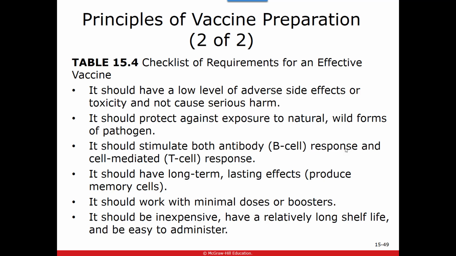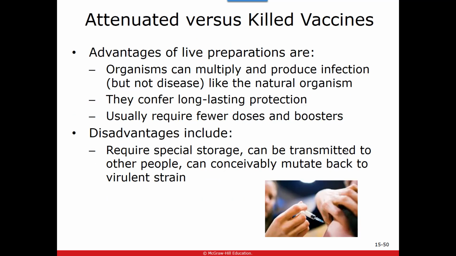Now, an attenuated or live but modified virus versus a killed, dead virus. There are some advantages of giving someone an attenuated live organism. The organism can multiply and produce some kind of infection. An infection just means that the organism got in and took hold.